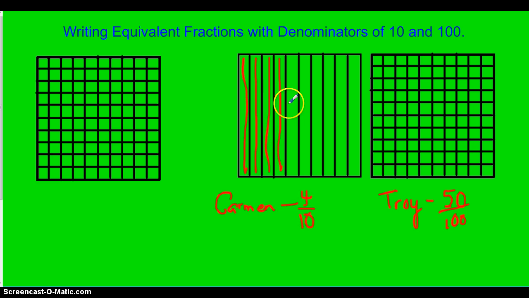It is a little bit less than half. It says that Troy had 50 hundredths. Well, I know that there are 10 hundredths to make up a tenth. So this is 10 hundredths, 20 hundredths, 30 hundredths, 40 hundredths, and 50 hundredths, which is exactly 1/2.